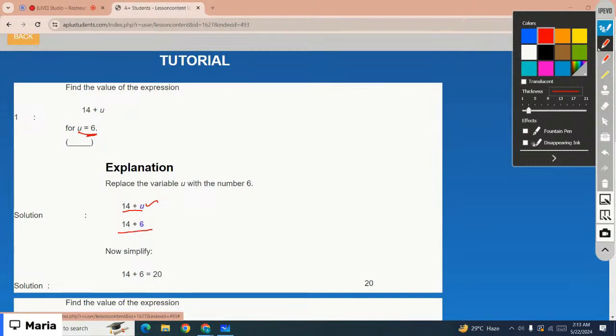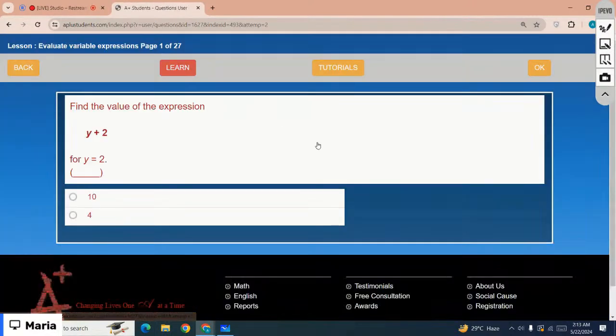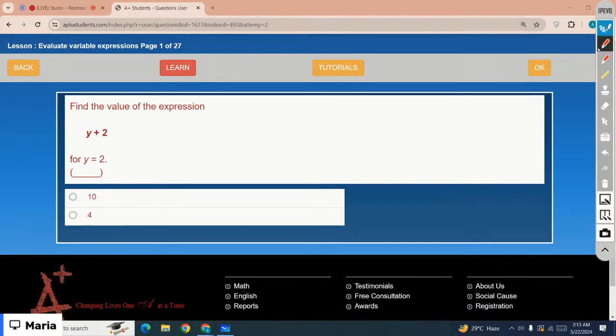Let's just start with the practice questions. Find the value of the expression y plus 2. So the expression is y plus 2. You have to evaluate the value for y equals 2, right? So simply replace the variable y with the value you are given. Replace the y because you are given y equals 2.